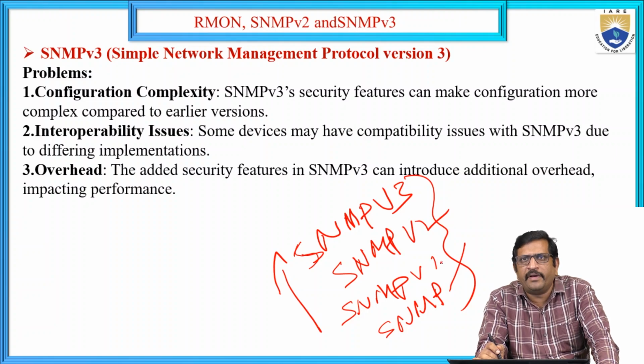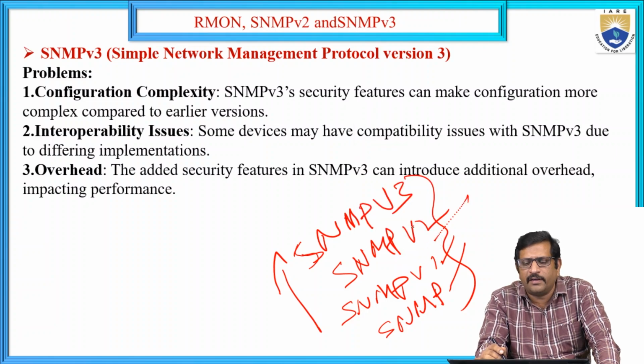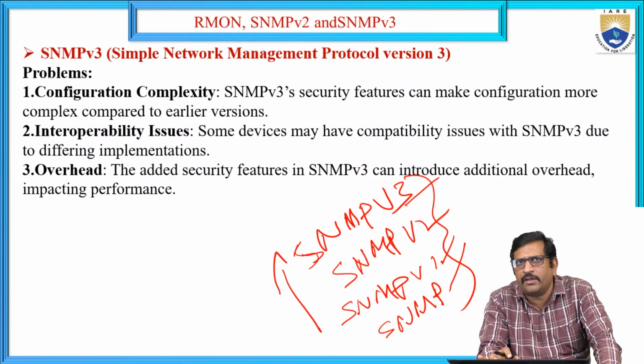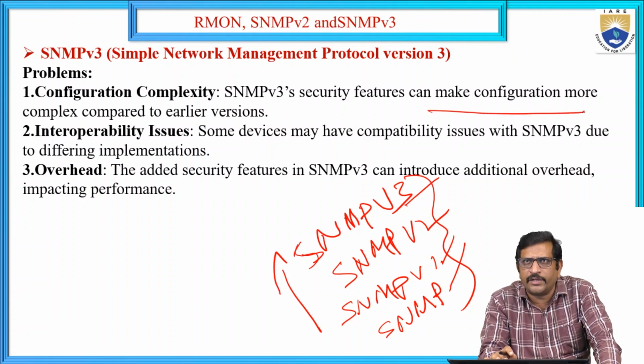In SNMPv1, the complexity is somewhat increased. In SNMPv2, the complexity is more difficult than V1. And in V3, the complexity is very difficult. That means the configuration is a very complicated thing. Why? Because SNMPv3 has security features that we have to configure.